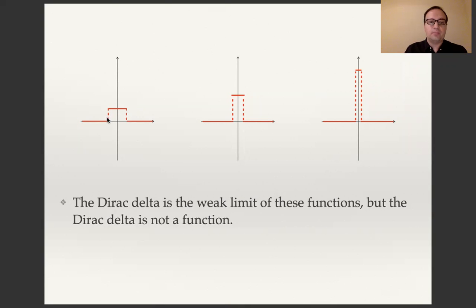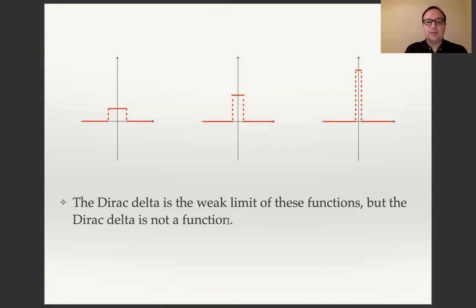And as the graph gets taller and narrower, so as a goes to 0, then the weak limit of this is the Dirac delta function. Well, the Dirac delta is the weak limit of these functions, but it is actually not a function.